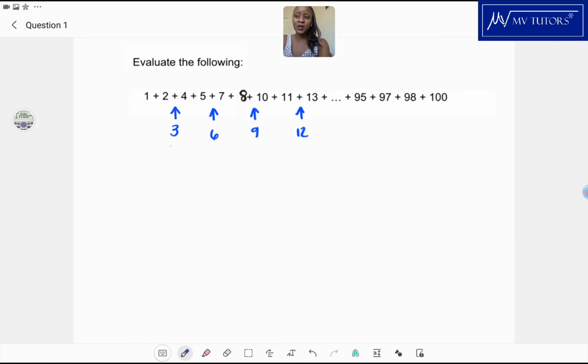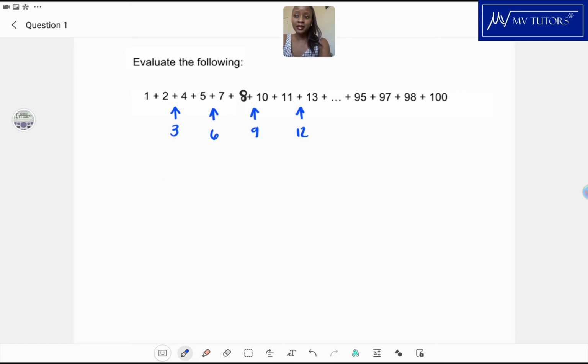So this question is quite similar. If you've watched the arithmetic sequence and series video, you'll see that I've covered something similar there. So we have natural numbers here, but the only thing that's missing is the multiples of 3.